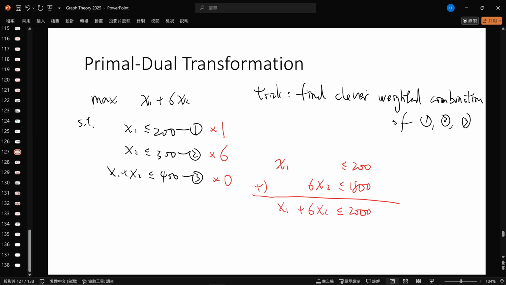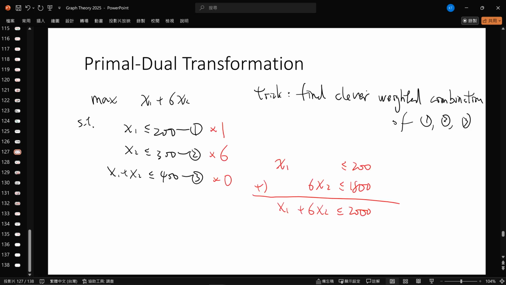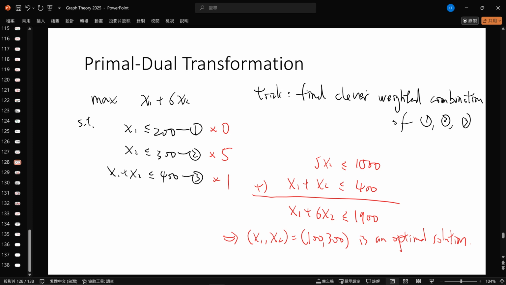But I want to find a better upper bound. By better, we mean lower, because we want a tighter upper bound, close to some feasible solution, like 1900. So next we found a different set of weights. This time we only consider constraints 2 and 3, and the weights are 5 and 1 respectively.